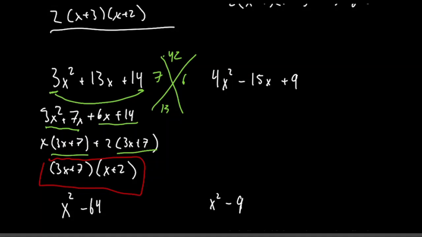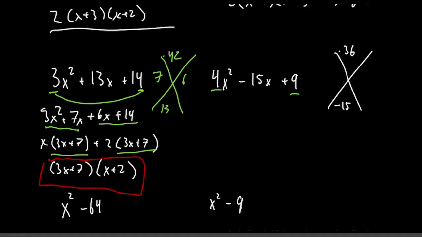Moving on to another example, we have 4x squared minus 15x plus 9. Let's first check if we can find a greatest common factor and factor out the 4. Since we can't, we're going to do like we did before. We multiply the 4 by the 9, so 4 multiplied by 9 is 36. We need to find two terms that multiply to 36 and add to negative 15.